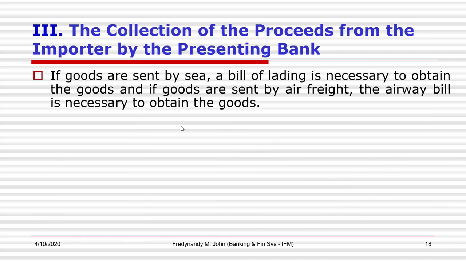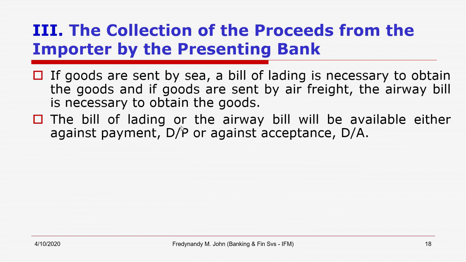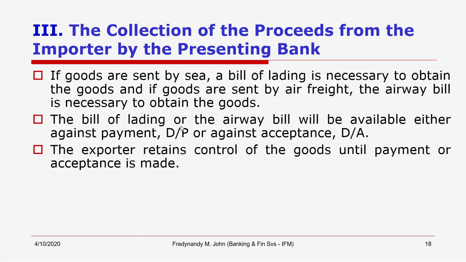If goods are sent by sea, a bill of lading is necessary to obtain the goods, and if goods are sent by air freight, the airway bill is necessary to obtain the goods. Remember, the bill of lading is the document of title. Without this document, the buyer or the importer won't be able to claim the goods from the shipping company.